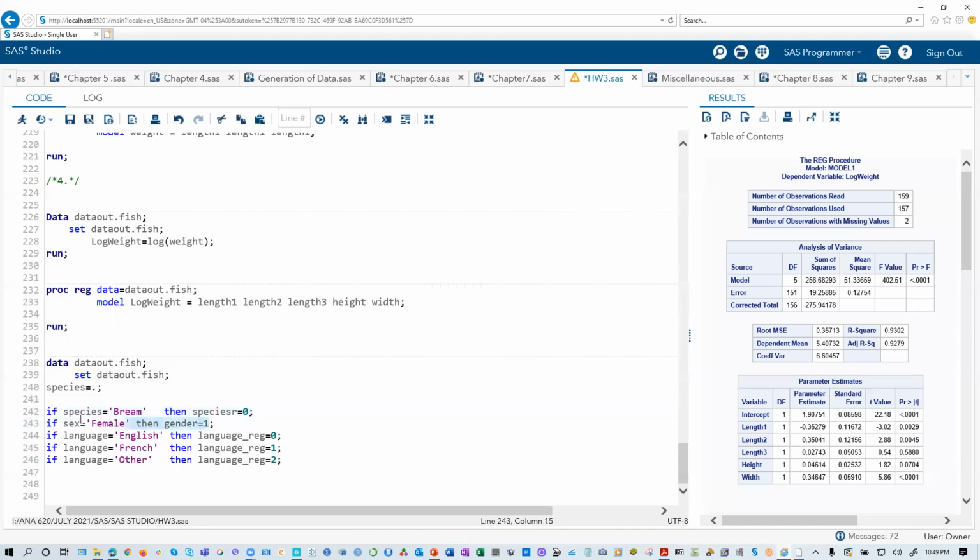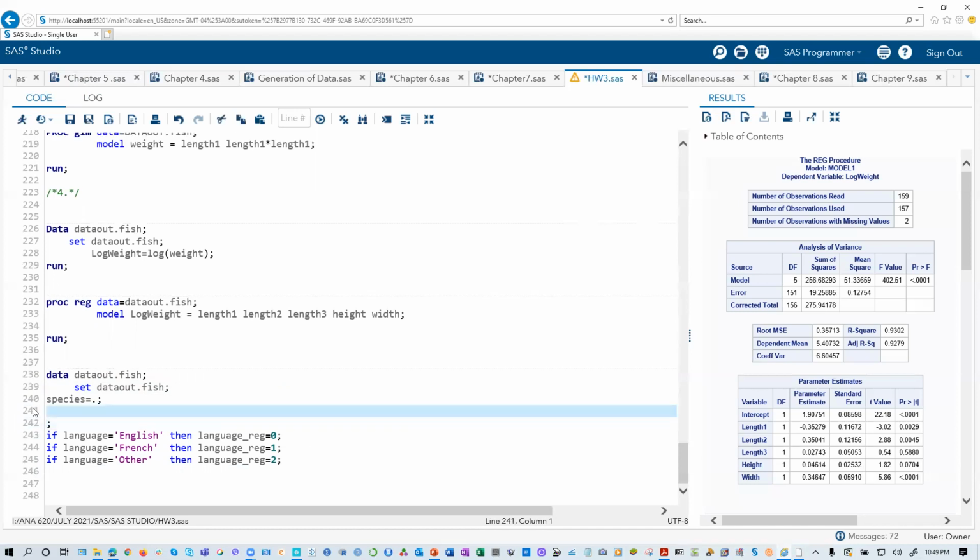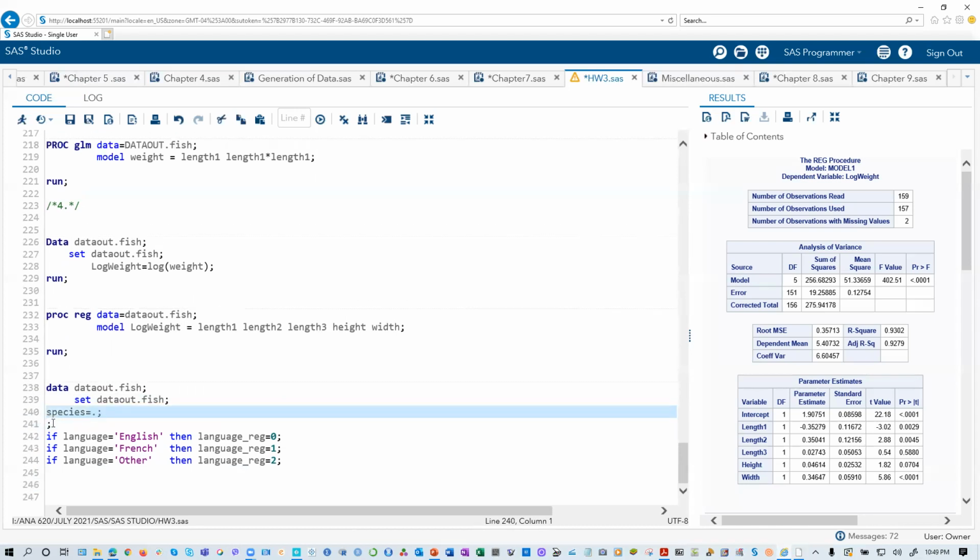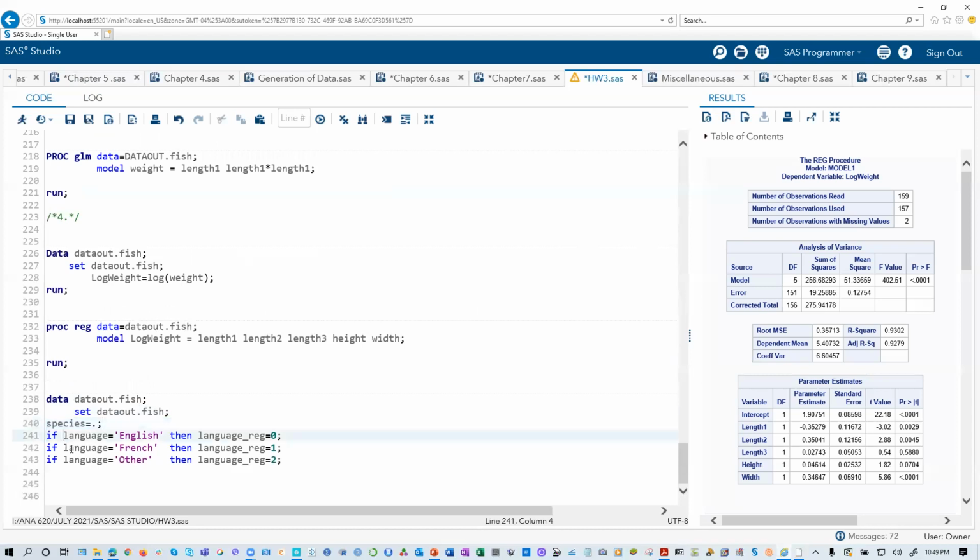I think we would do better to use this set because it has more. Species first, real. You can say then species 0.